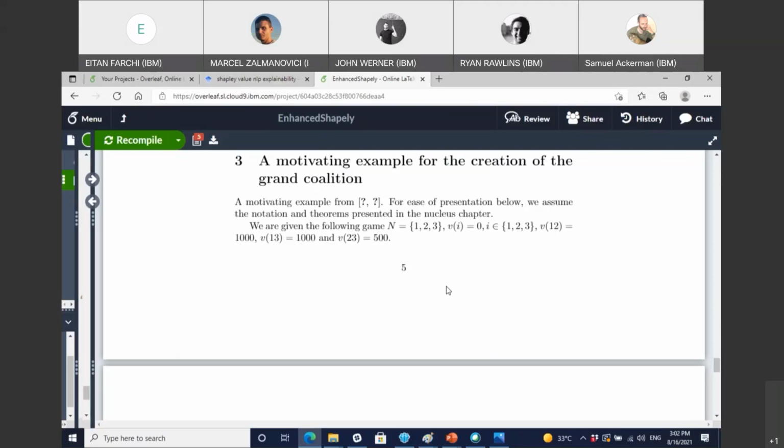So what I want to do today is go over the nucleolus through an example, and get the flavor of what that solution concept is. Potentially, it may be useful as well for machine learning and explainability.